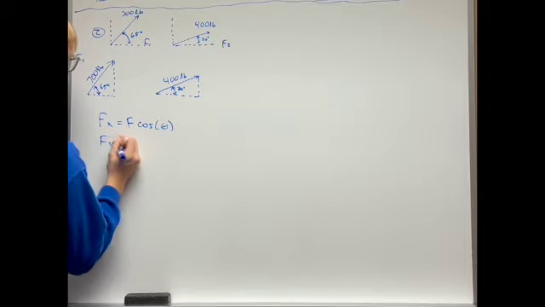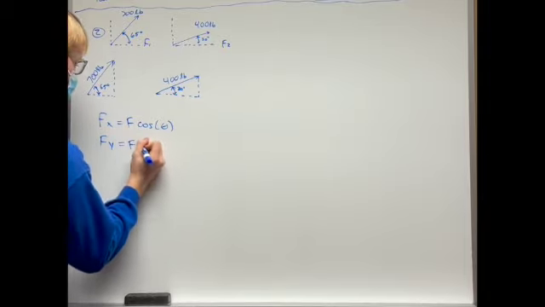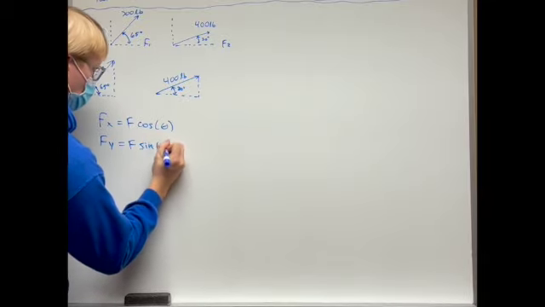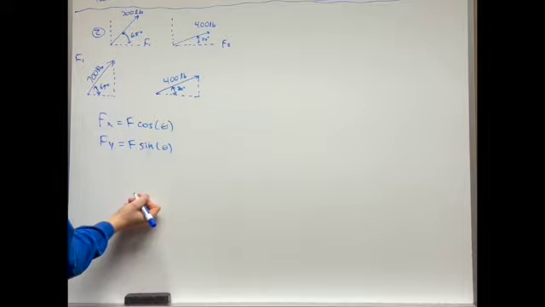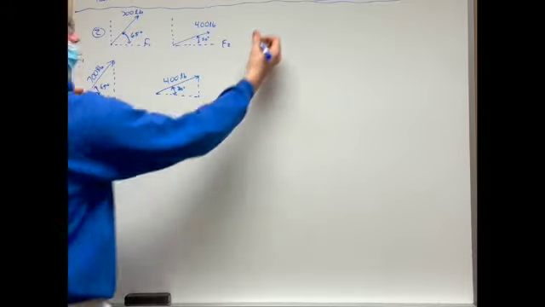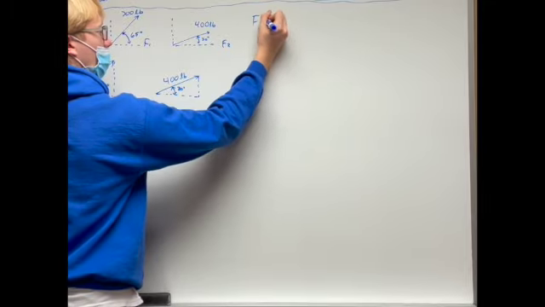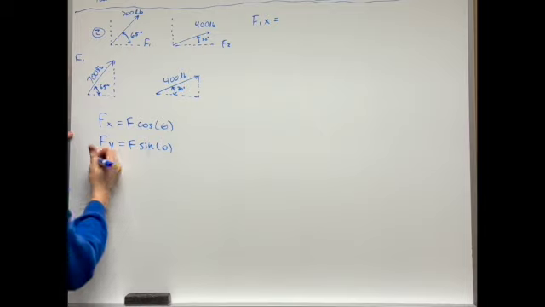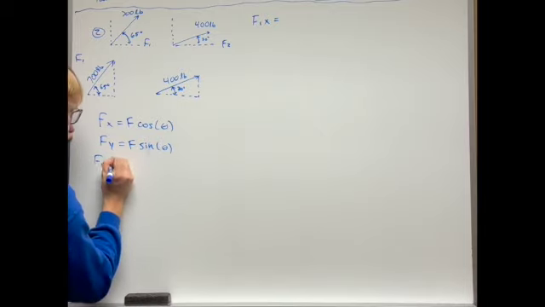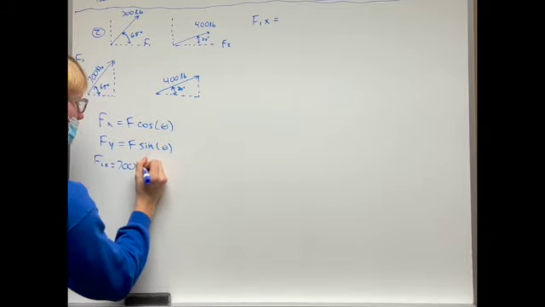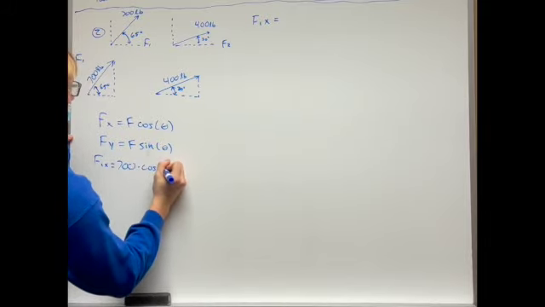Same goes for your y component, except you're going to take the sine of theta. So knowing that, when we do F1 of x, we're going to take 700 times cosine 65.